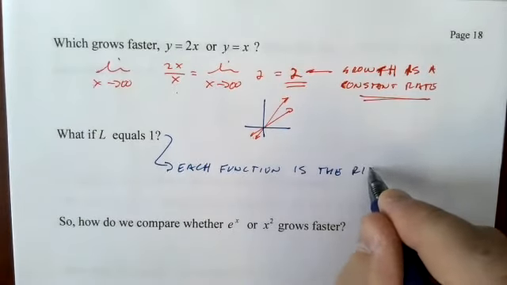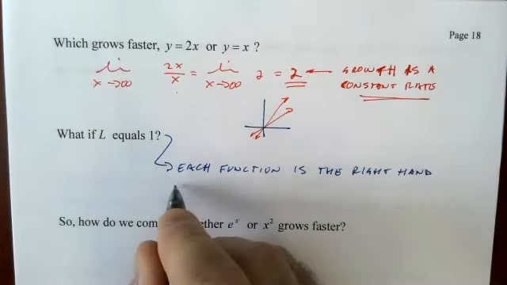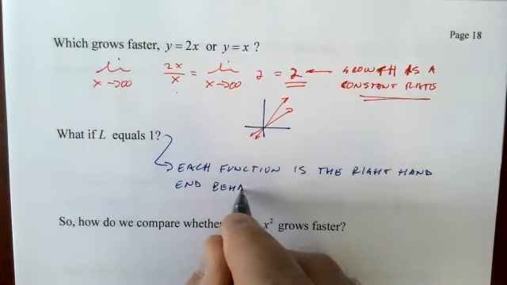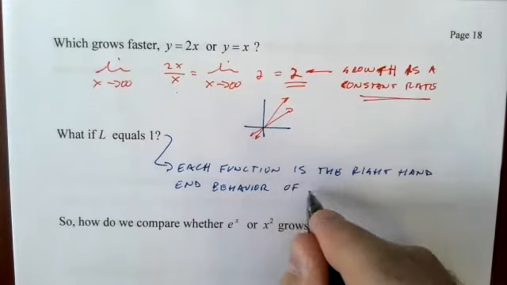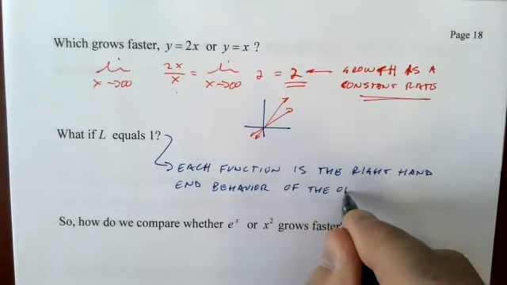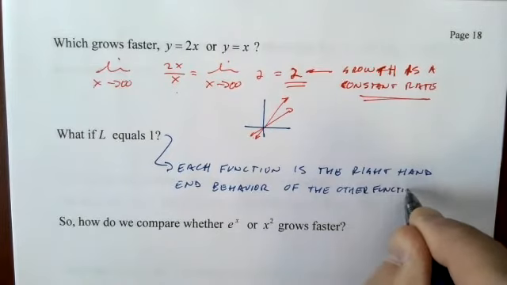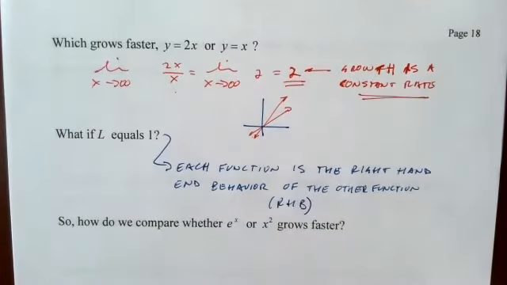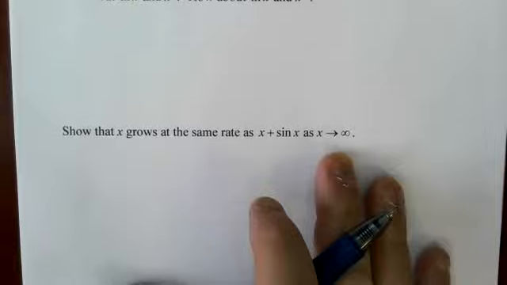We often write RHB, right-hand end behavior of the other function. Let me skip ahead in my notes and show you what I'm talking about. And I will come back to these. All right.